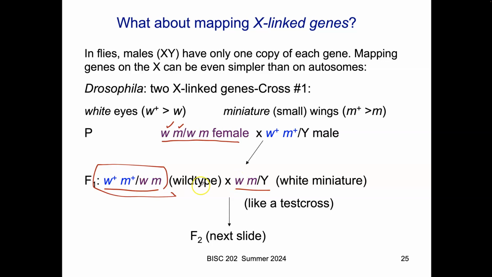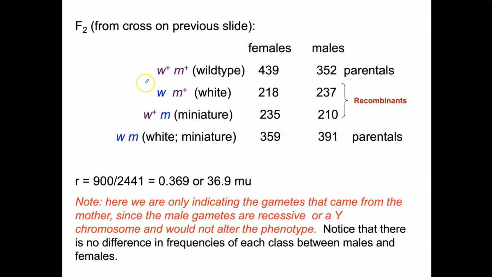And so when we look at the F2, we can look at all the offspring, and it will give us a good mapping for this pair of genes. So here's a parental type and a parental type among the progeny. So the 2 wild types with the 2 mutants. Notice there's approximately equal numbers of males, similar numbers of males and females.